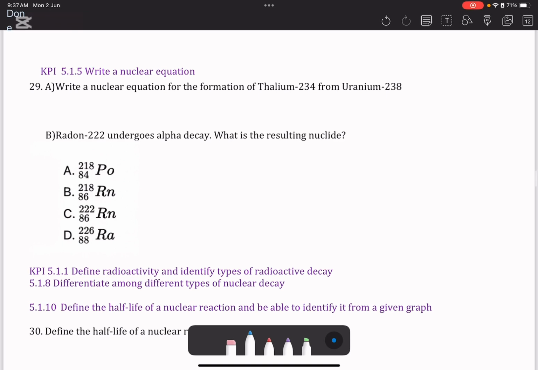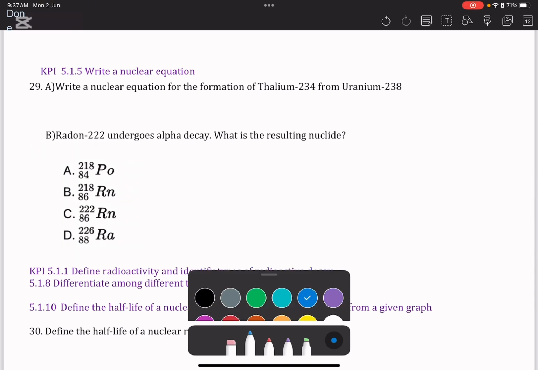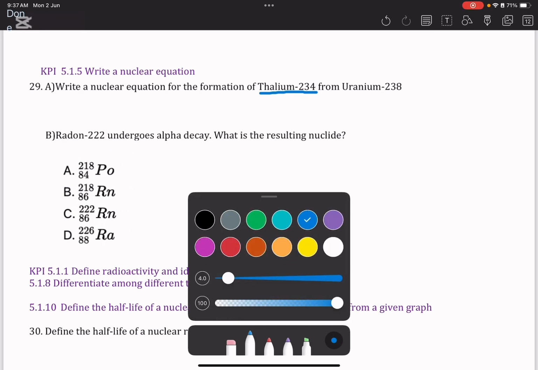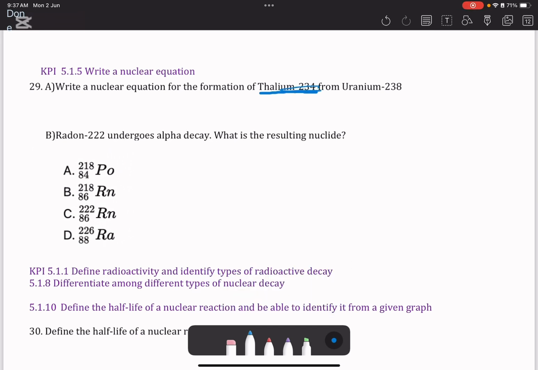A helium nucleus is emitted from an unstable nucleus. Moving on. Write a nuclear equation for the formation of thallium from uranium. You have your periodic table. The question says thallium is formed from uranium, so uranium is the parent nuclide and thallium is the daughter nuclide.